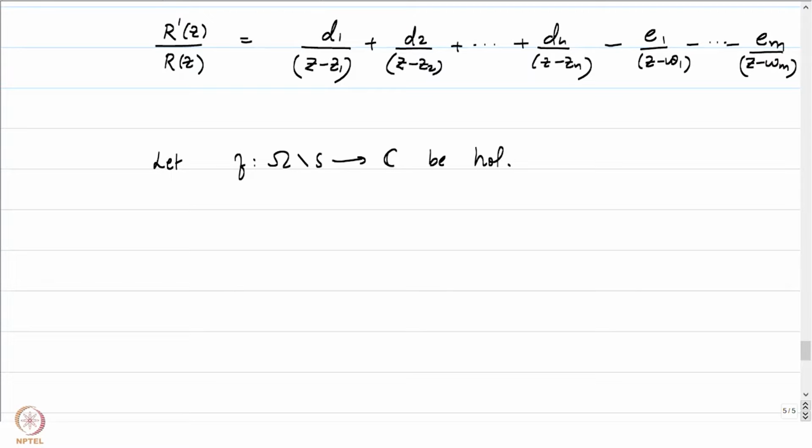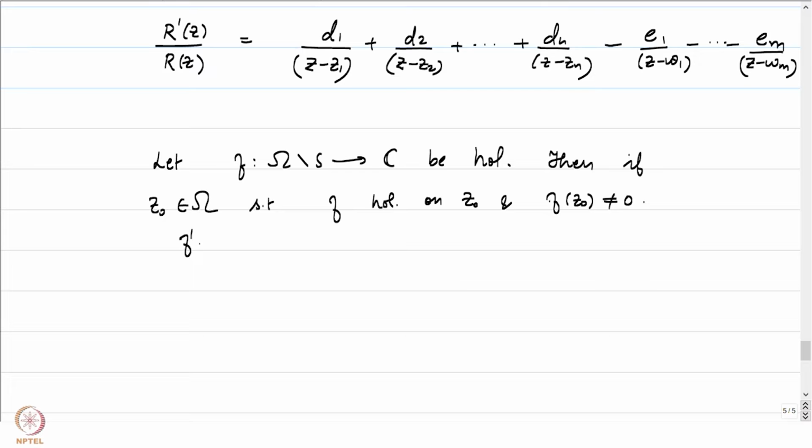Let f be a function holomorphic on omega minus S. Then suppose z0 is a point in omega such that f is holomorphic in a neighborhood of z0, and f of z0 is not equal to 0. Then there is no confusion here; f prime by f is holomorphic in a neighborhood of z0. So, in such points we do not have any confusion.